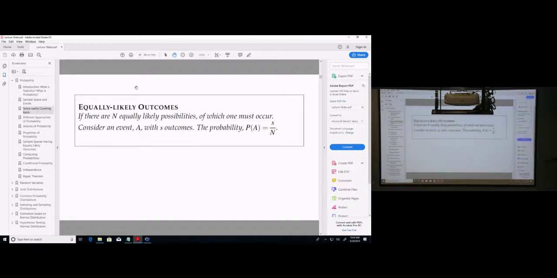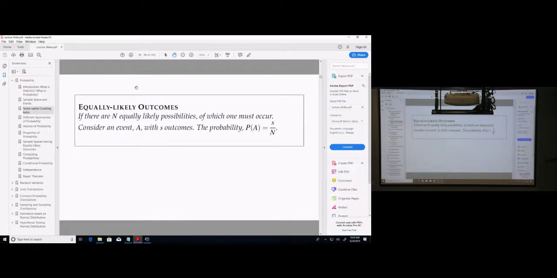So the probability of an event A with S outcomes, meaning the set A has S elements, is equal to S over N. The combinatorics will come in to work out what S and N are in a large number of problems, and this falls into the equally likely regime.